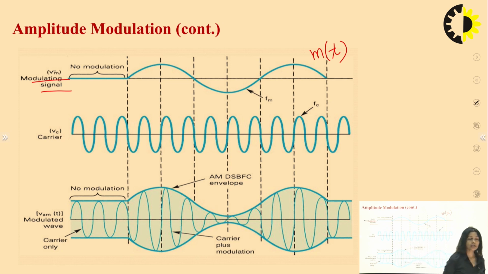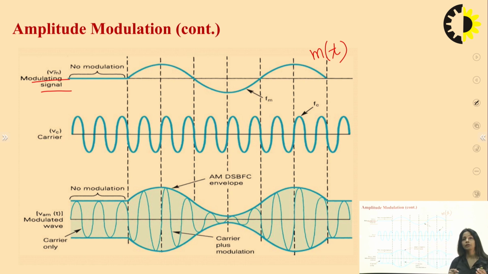Modulation is a technique where we take one carrier signal. You can see here the carrier is taken to be a cosine signal, basically a sinusoidal signal. Cosine or sinusoidal we can take, and the carrier signal, you can see, has a very high frequency.